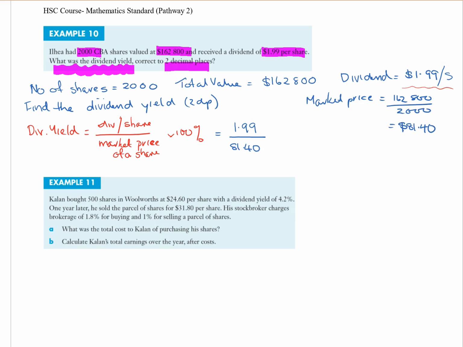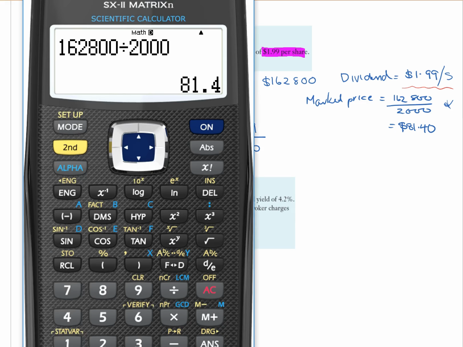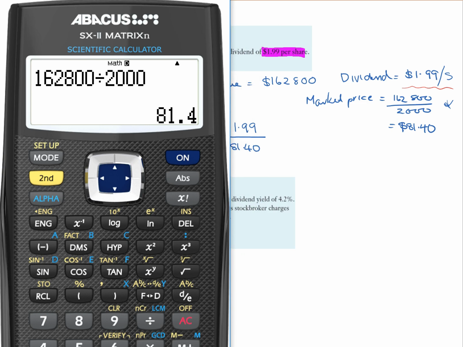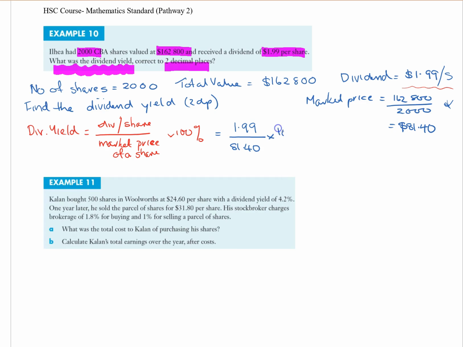So you can see that I've done that here, and on the calculator you can see it's simply that. Now, continuing on here, the dividend yield is the dividend per share over the market price of one share, and we multiply that by 100.